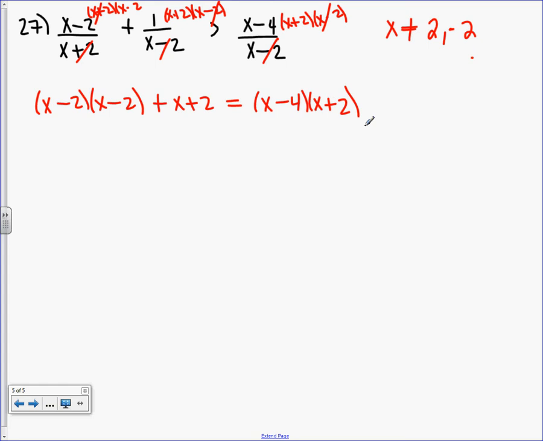All right, do the next line. Don't go past that if you can, okay? So just do the next line. Go ahead and FOIL for me. And then just wait, and we'll simplify together.